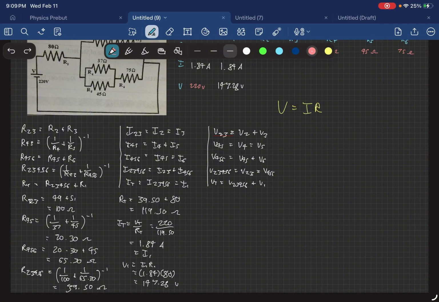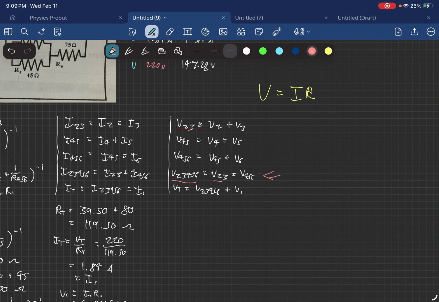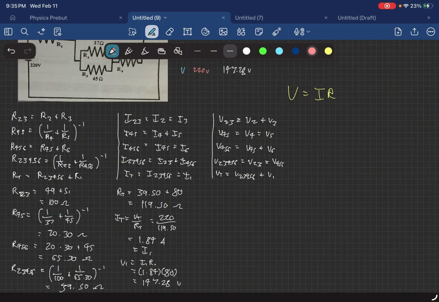Why do we want to get V2 3 4 5 6? Because it gives you V2 3 and V4 5 6. If we get our V2 3 4 5 6, we're given access to a lot of things. We can get V2 3 and V4 5 6.